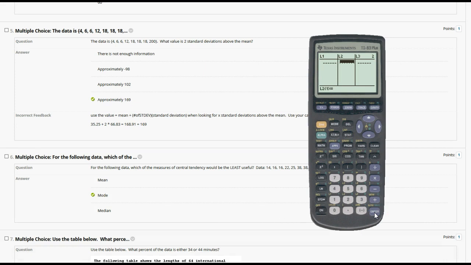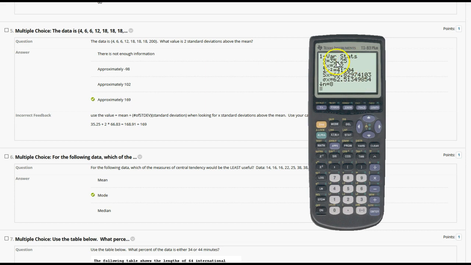And our data is, we'll put it in list 1: 4, 6, 6, 12, 18, 18, 18, 200. We're going to go back to stat, over to calc. We want the one variable statistics. Hit enter, and then we want them for list 1. Enter.